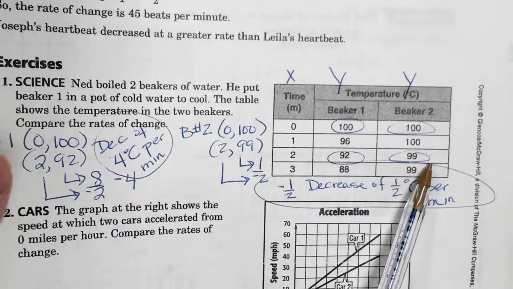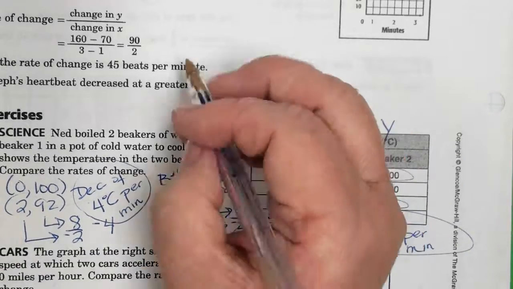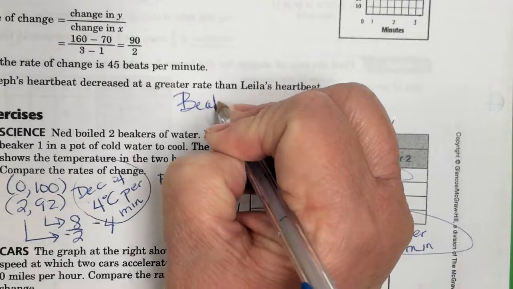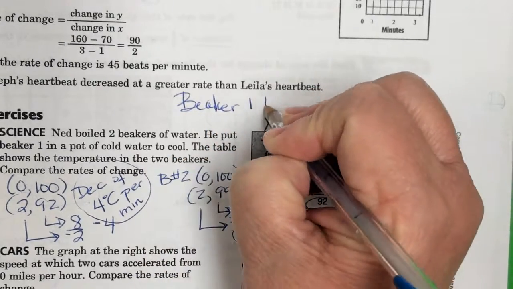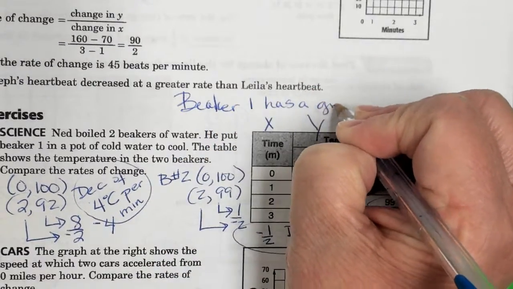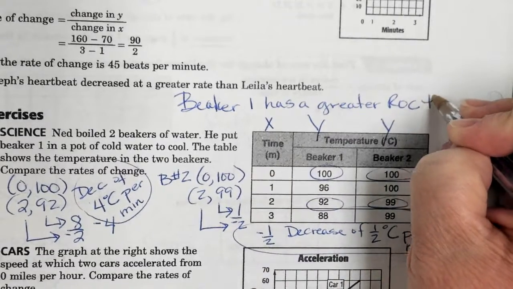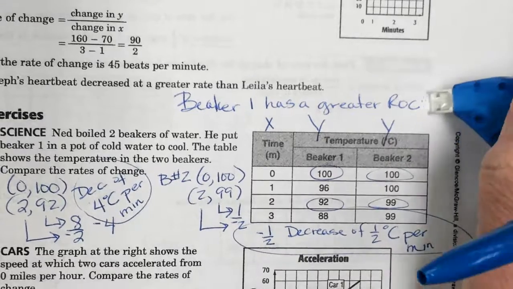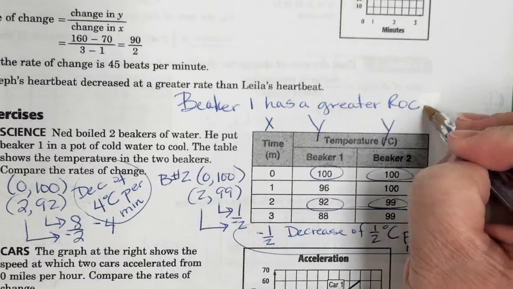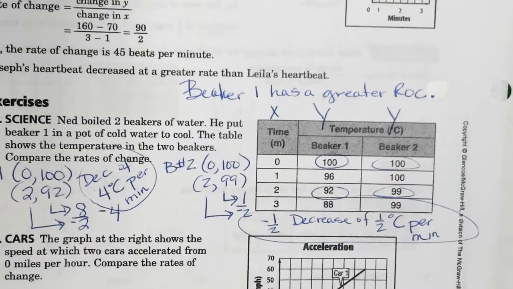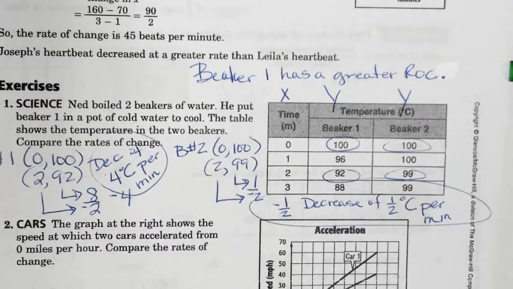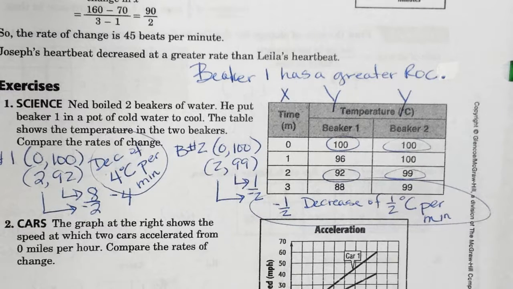So our statement can be beaker 1 has a greater rate of change. Okay. Now if they were to ask by how much, if we subtracted them, we could say that beaker 1 was decreasing 3.5 degrees faster each minute than beaker 2. Okay.